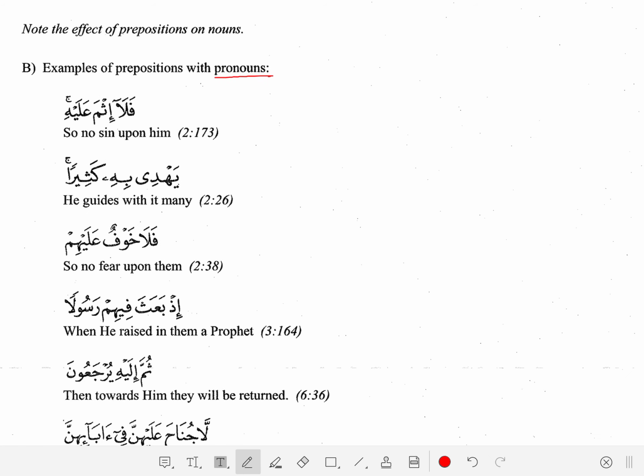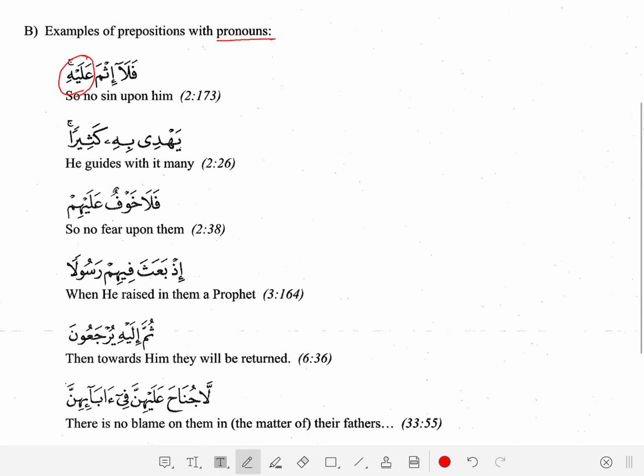And here we are connecting the prepositions with the pronouns. So for example, fala isma alayhi. So alayhi, ala plus hu, alayhi, connected with pronoun, right? So this is it.